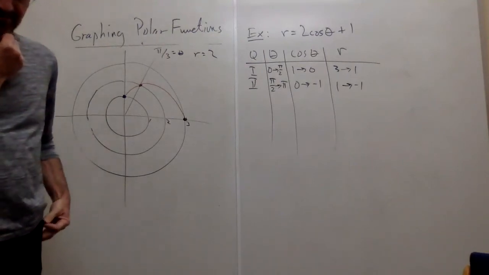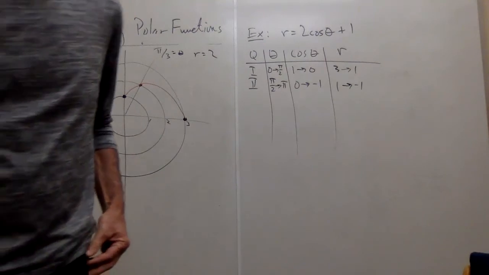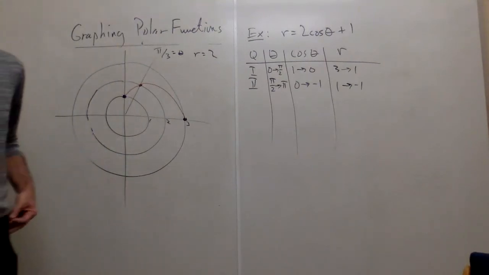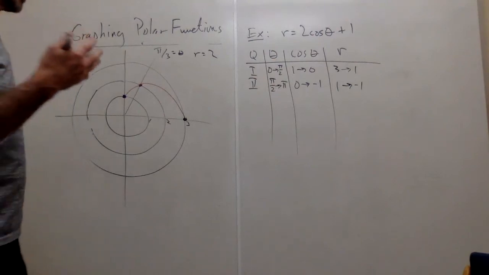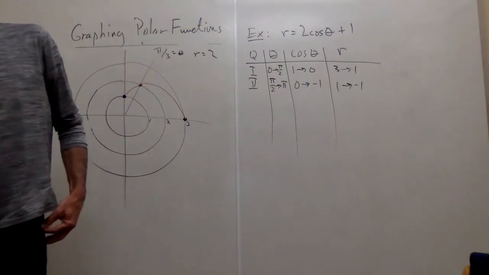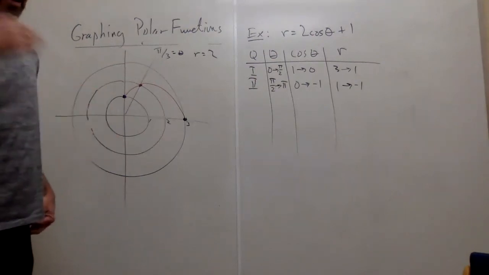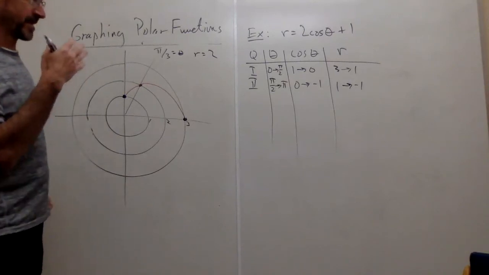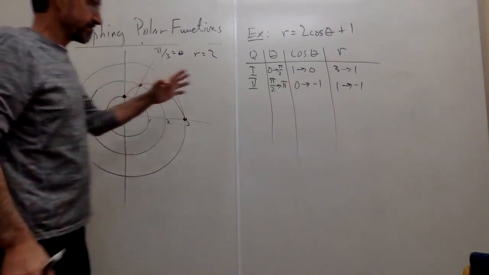If you watched the previous videos, and especially the exercises that the calculus professor works out, then you know that when r turns negative, it means we measure in 180 degrees, pi radians, opposite. Okay, so we'll do that in just a minute.